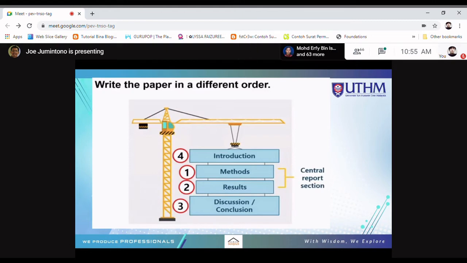But the introduction must consider the real or up-to-date situation. Okay, this is the order in writing the paper.